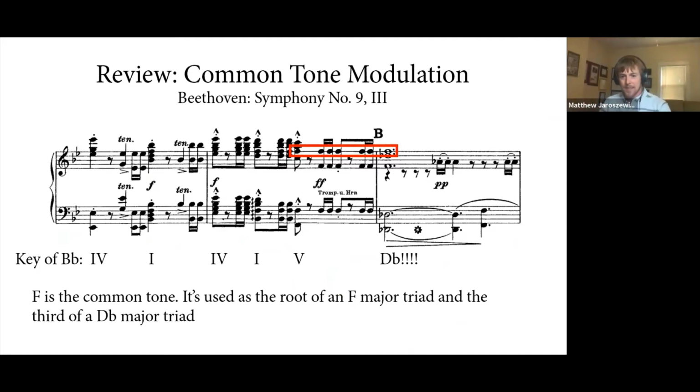I have Beethoven's Ninth Symphony, 3rd movement. We start in the key of B flat major. We're going to D flat major, and F is our common tone between those 2 keys. Sounded like this.